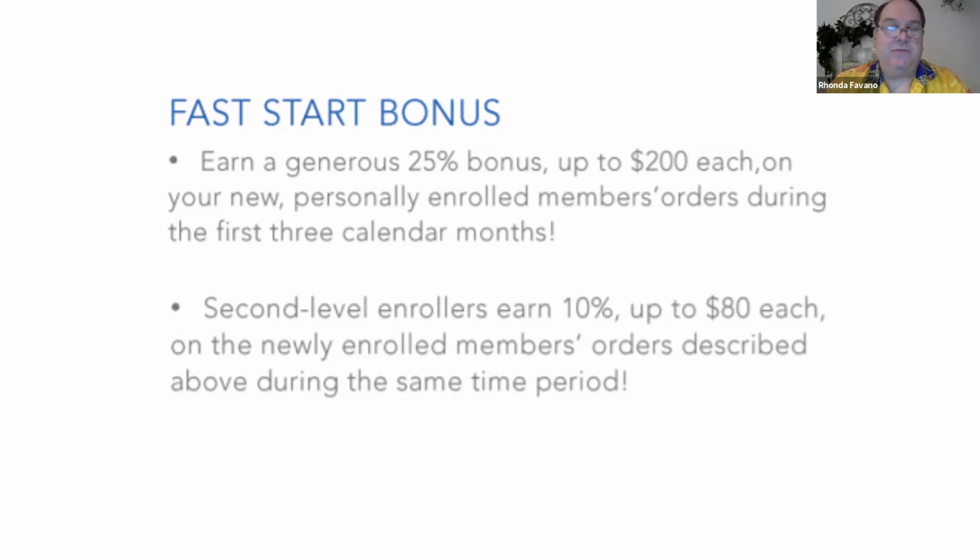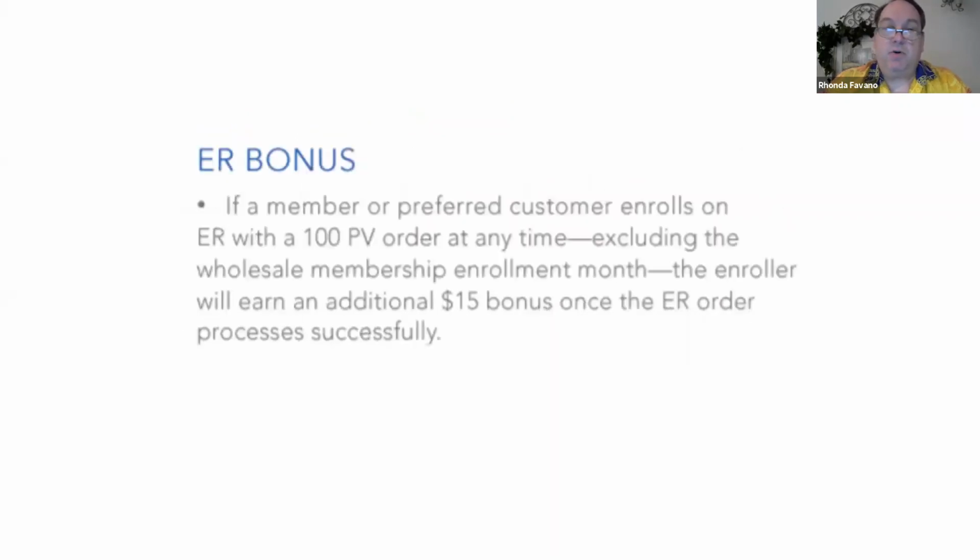Okay, so these are just what we're trying to explain to new people that might be doing business so that you understand it too. The Essential Rewards bonus, it's pretty new. It was a little bit of a travesty at the beginning because they were taking it back after paying people, but now they've got it figured out. So the first time your new person processes a 100 PV ER order, you're gonna get a $15 bonus.